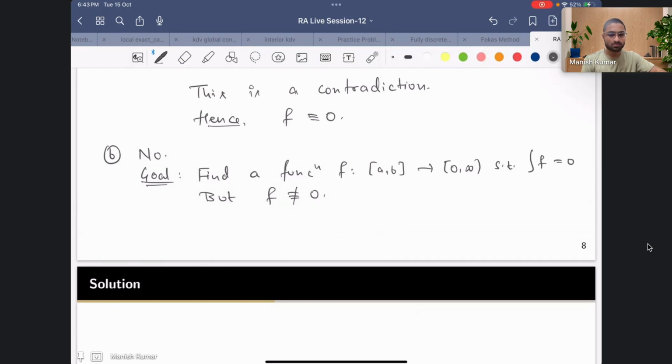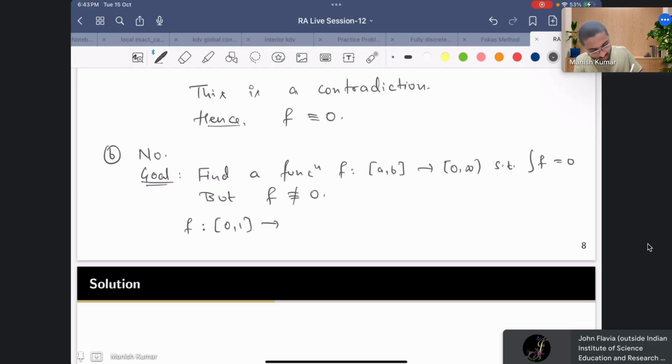Dirichlet function. Okay, so what is that function? Can you tell me precisely? So f from where to where you want to define? You're correct actually. Maybe you can tell me. R to 0 comma 1. So let's restrict to some compact set, let's say from 0 1 to 0 infinity.